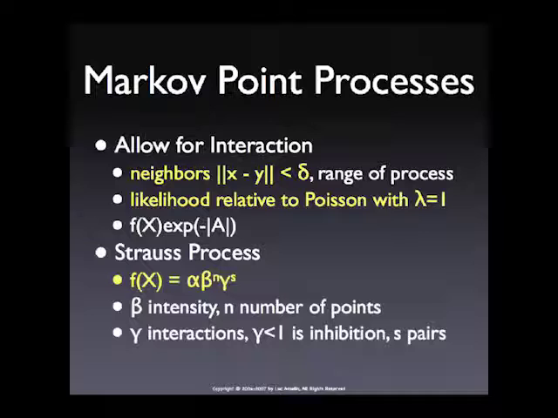The more modern approach is to spell out very general models that incorporate both heterogeneity and interaction, and then estimate the parameters of these models from the data. Our goal ultimately would be to estimate what beta and gamma are from the characteristics of the point pattern. We're not there yet.